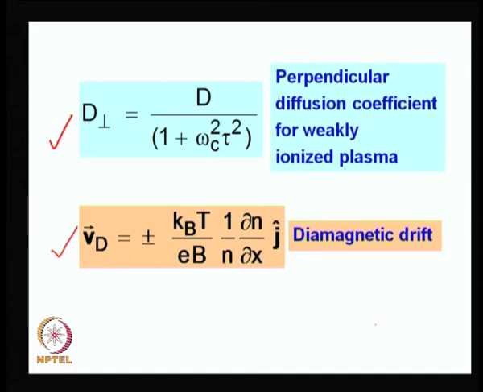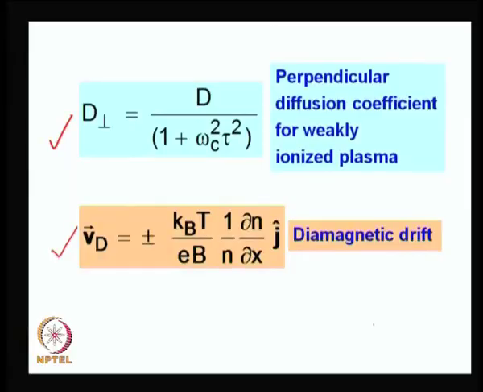And what is this term Vd that we have defined? It is actually a diamagnetic drift term. Right now we are not going into the diamagnetic drifts across magnetized plasmas. We will be concentrating on the diffusion coefficient.